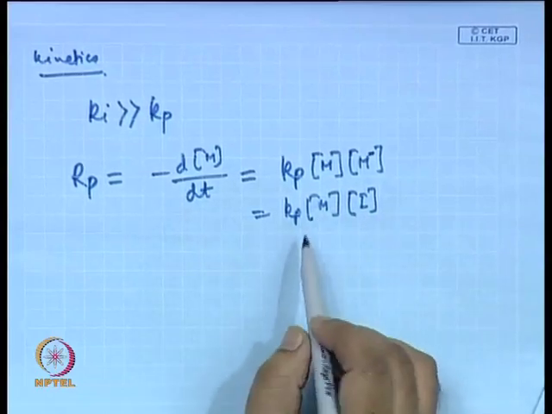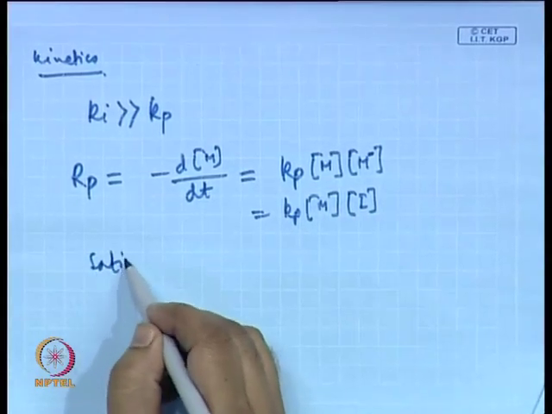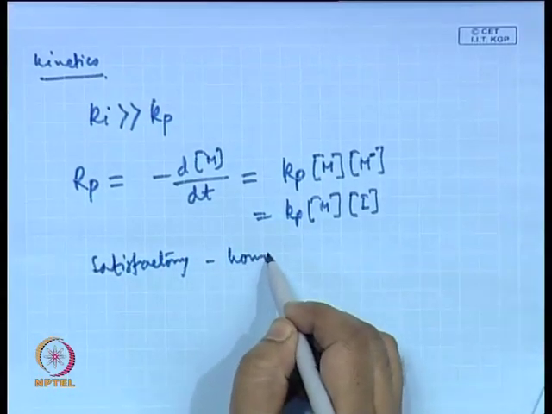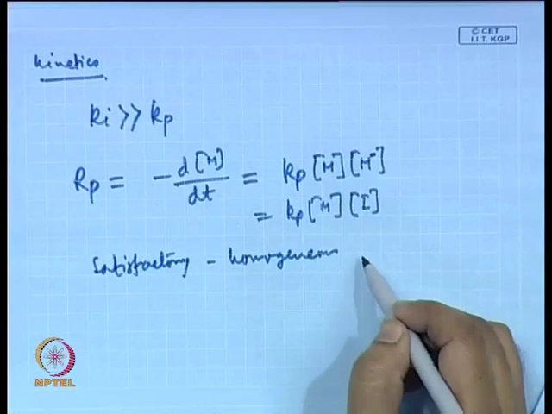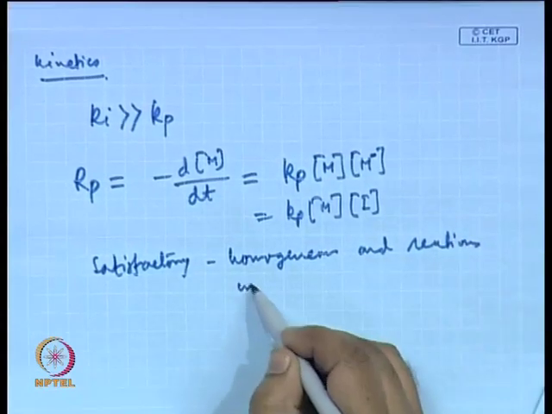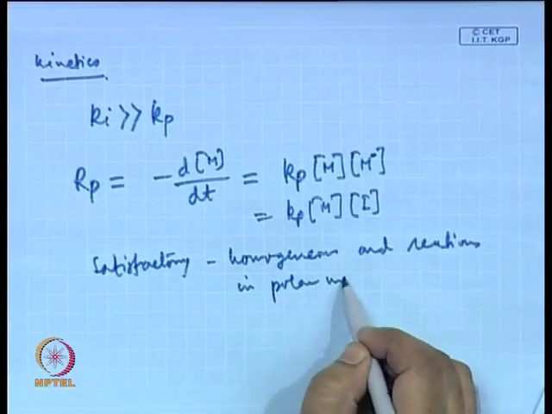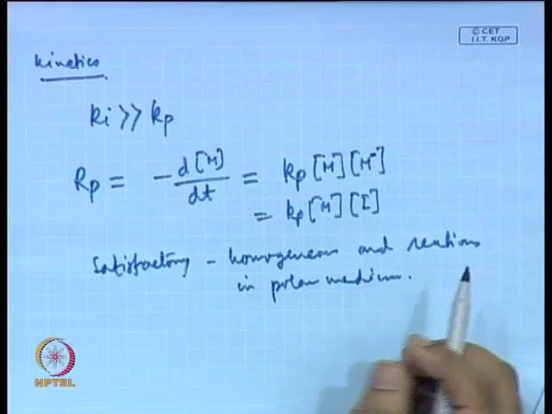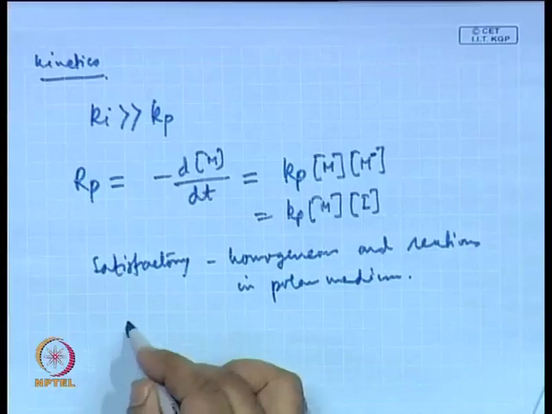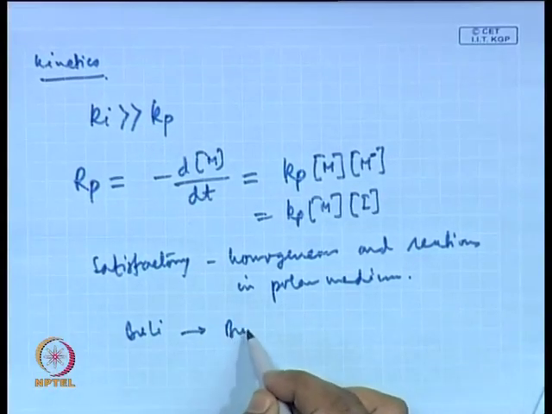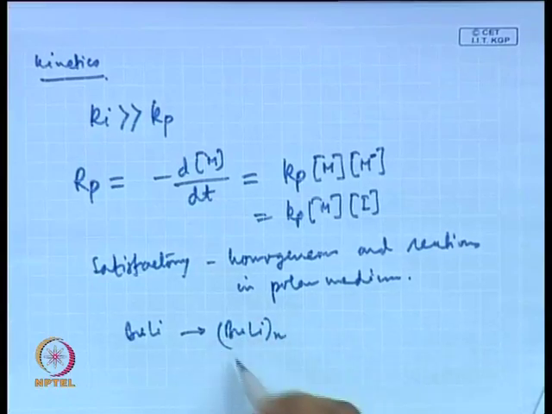Now, this expression is satisfactory for homogeneous reactions in polar medium. In non-polar medium, what happens is there is a possibility that the initiator molecules can aggregate. For example, if you take butyl lithium in non-polar medium, it can actually aggregate, and that depends on which butyl group you are taking.